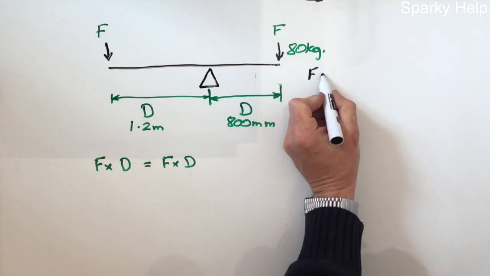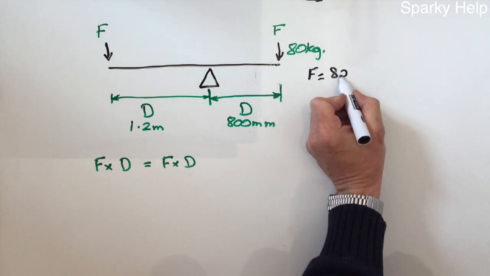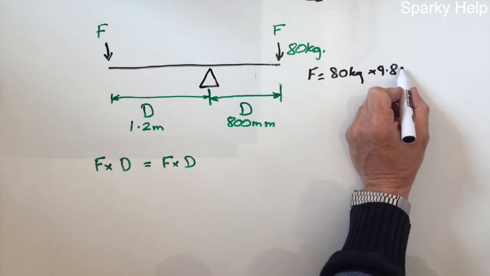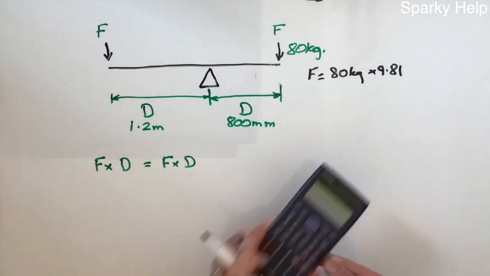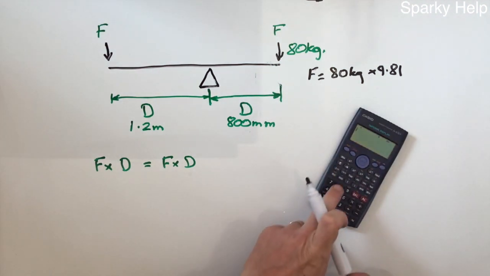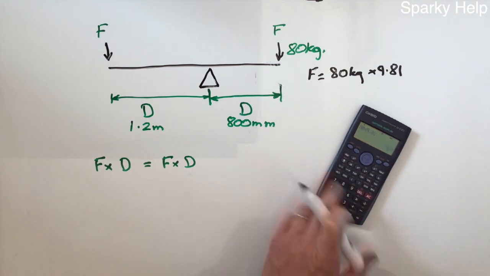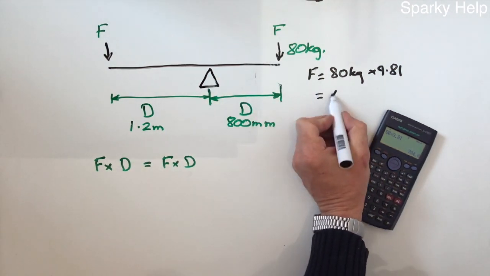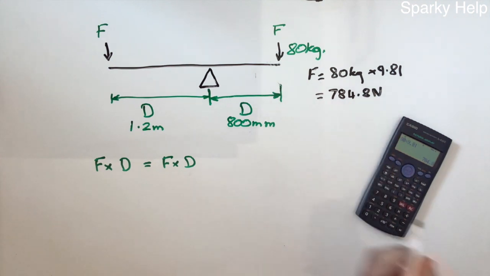This force is equal to its mass, which is 80 kilograms, times 9.81, the force of gravity on that. So that's 80 times 9.81. Therefore our force is 784.8, and that will be newtons.